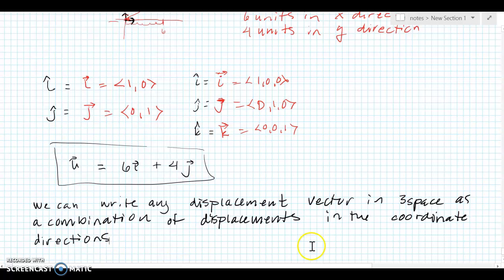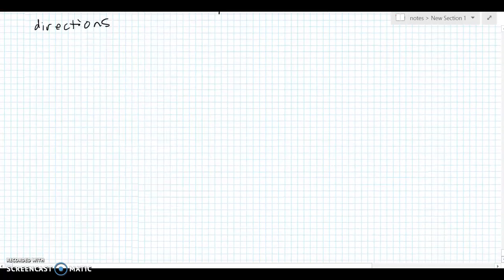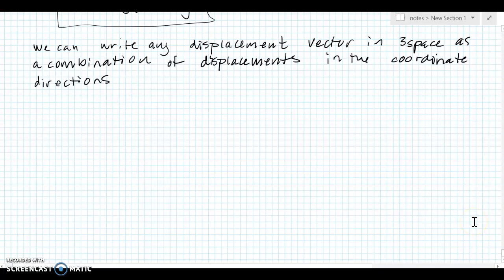And your book calls this resolving when you're reading the book.